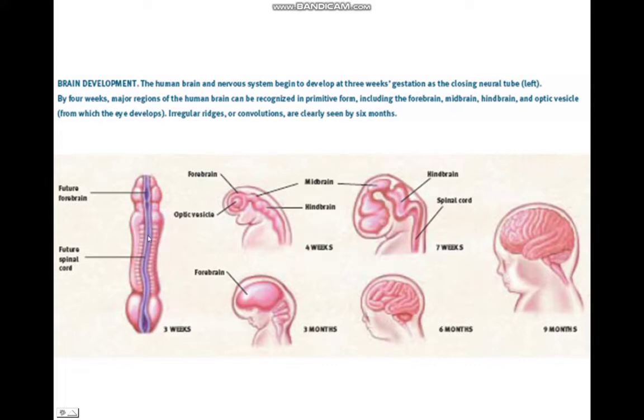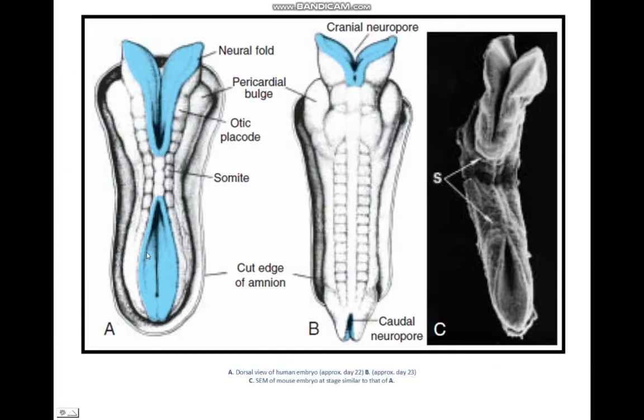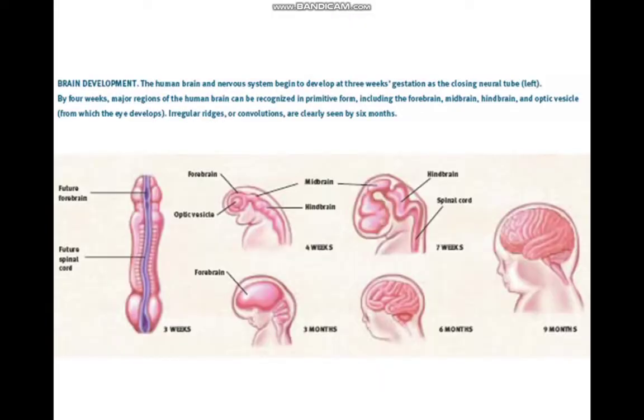This neural plate then becomes a groove-like, slipper-shaped structure, and this is known as the neural groove. Later on, the lateral edges of this neural groove combine together and give rise to a tube-like structure which is known as the neural tube, and this neural tube is your future brain and spinal cord. Initially the neural tube is open on both ends, at the anterior neuropore and the posterior neuropore.